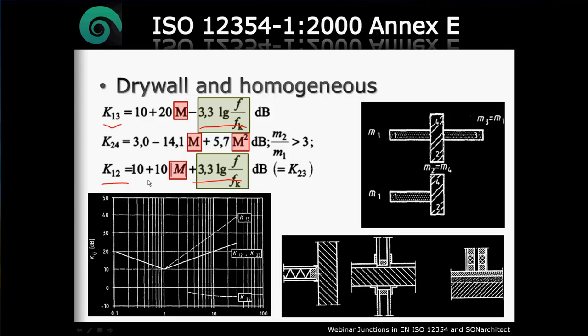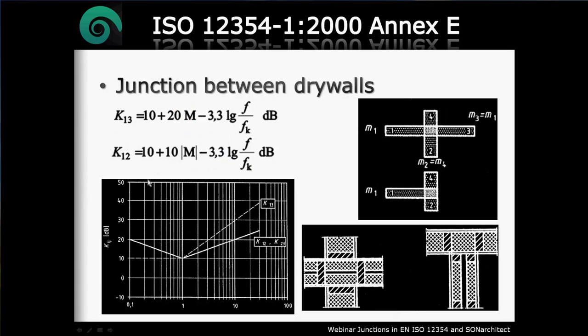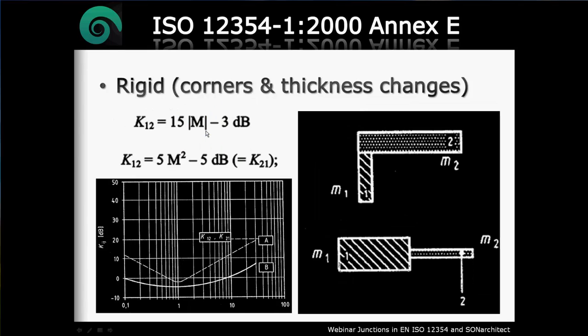Okay, and there's another model also for junctions between drywalls, and again we can find those factors always in this case are negative. They decrease with frequency. And finally, there is a model for rigid corners and changes in the thicknesses, which depends only on the absolute value of the ratio of masses and the squared value of the ratio of masses.